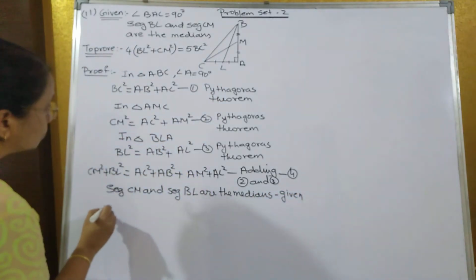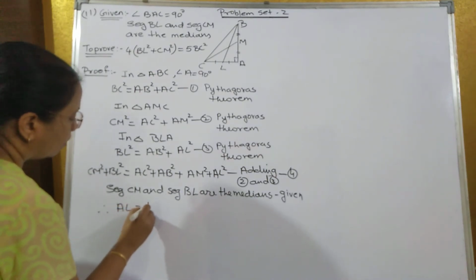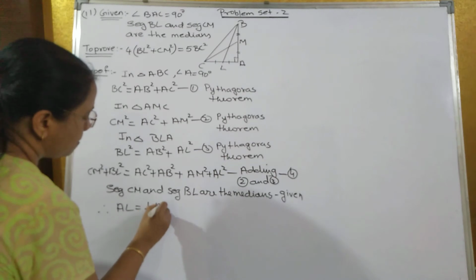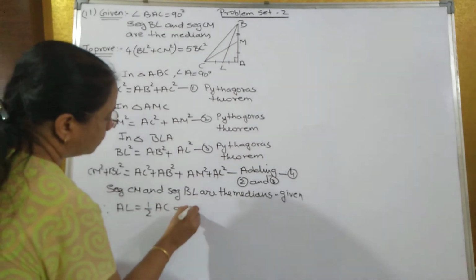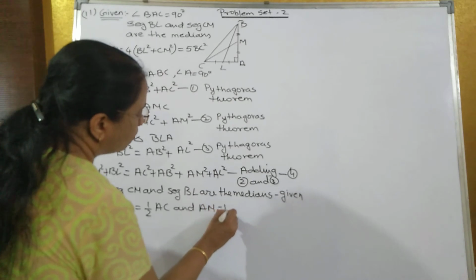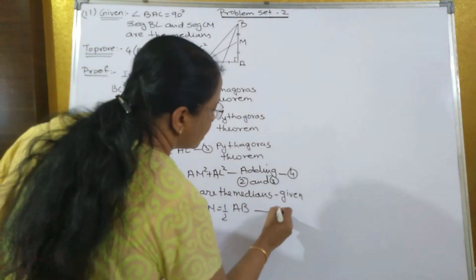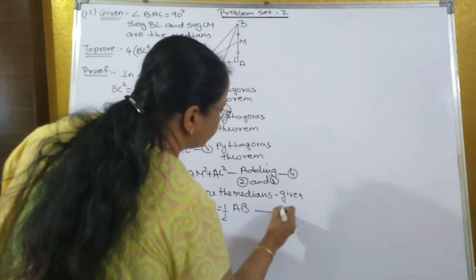Therefore, AL is equal to half of AC and AM is equal to half of AB. Let us take this as 5.